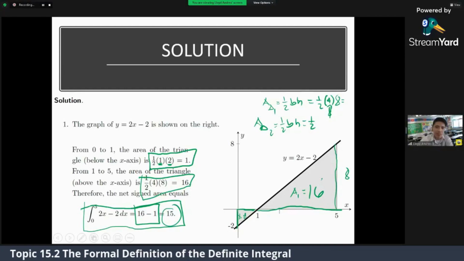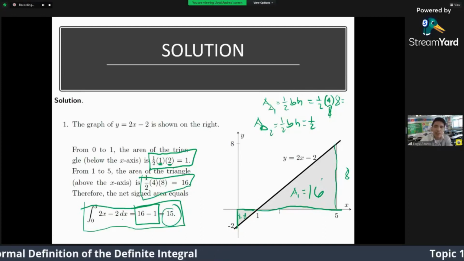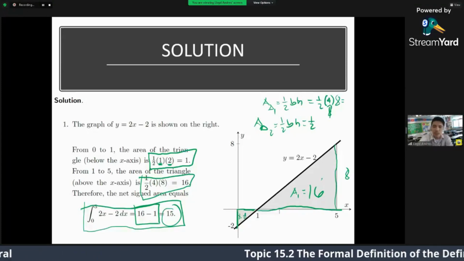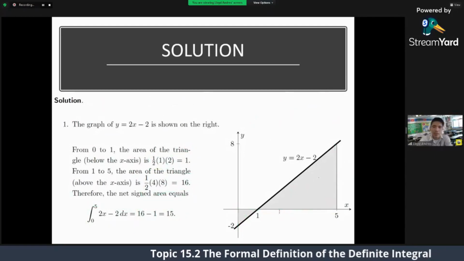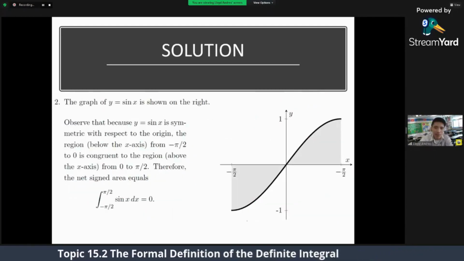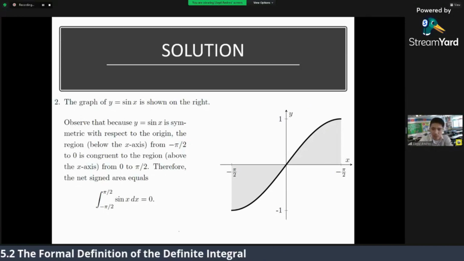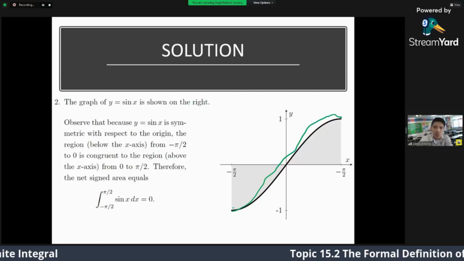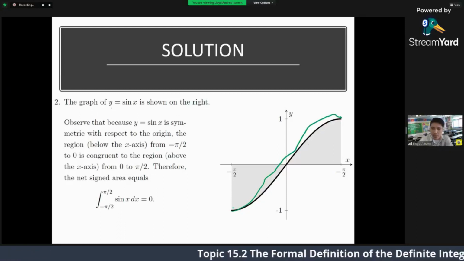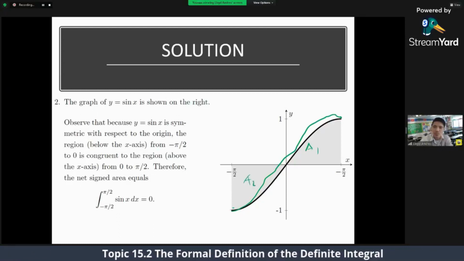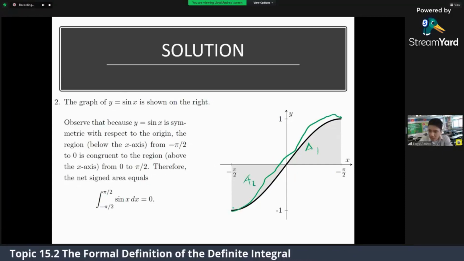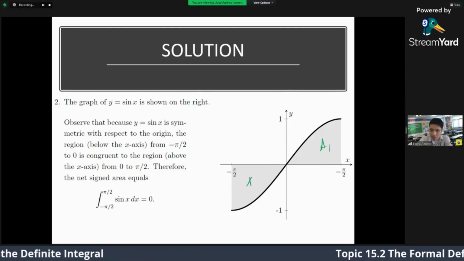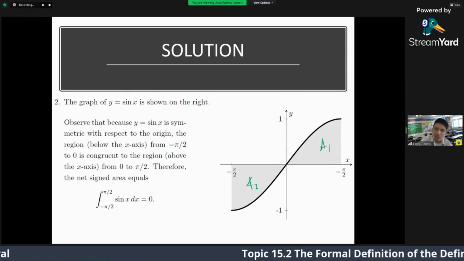So that is the meaning of the geometric interpretation of the definite integral. Next is the graph of y equals sine x. If you graph it, its graph looks like this. Then here we have area 1 and there area 2. If you observe, area 1 and area 2 are actually identical.